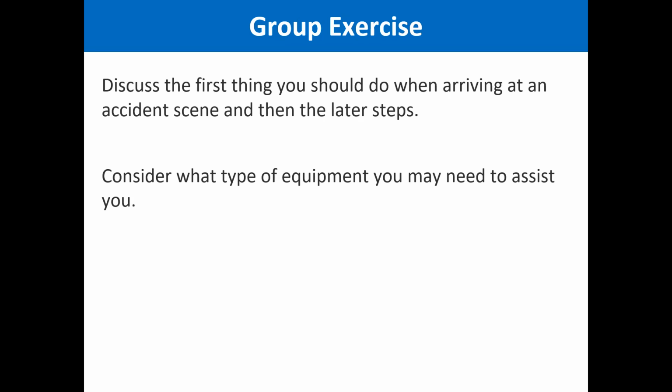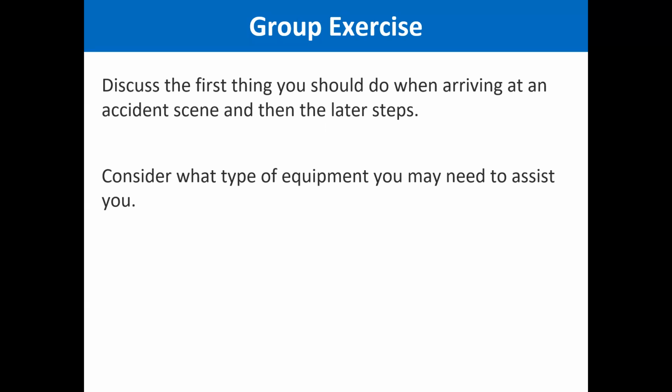So Suresh, you were quite right. When an accident happens, the first thing you need to do when you arrive on the scene of the incident is to make sure that the area is safe. You should never ever enter an area after an accident if you believe it is unsafe. Why?